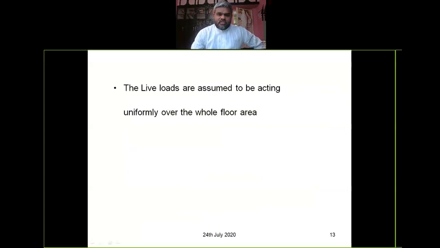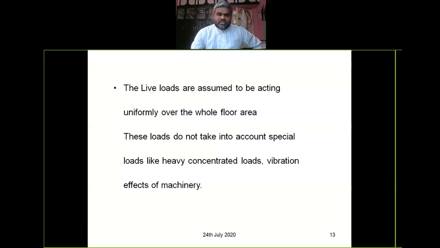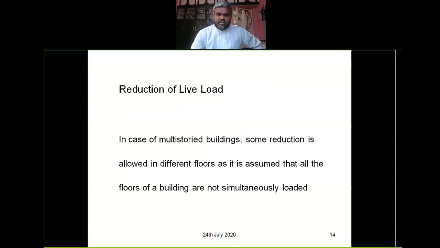These imposed loads are assumed to be acting uniformly over the whole area. These loads do not take into account special loads like heavy concentrated loads and vibration effects of the machinery, right?